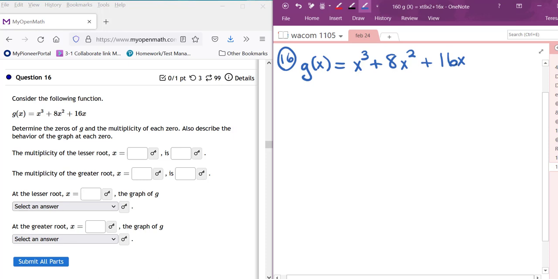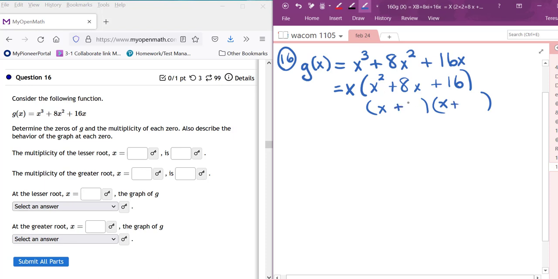We have a GCF first of all, and our x cubed is a clue for that. Right, so we'll take out an x, and that leaves x squared plus 8x plus 16. And this is a trinomial, goes into 2 sets of parentheses, like signs both plus, and it's going to be 4 and 4. So these are just alike, so that's going to be considered a multiplicity 2. So we have x and we have x plus 4 squared.